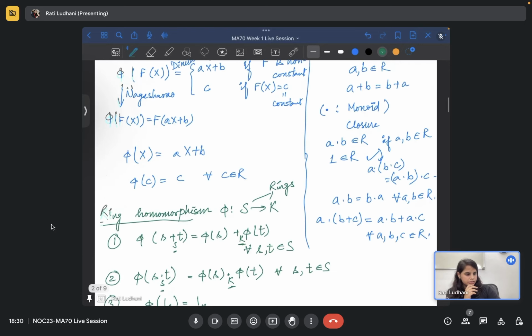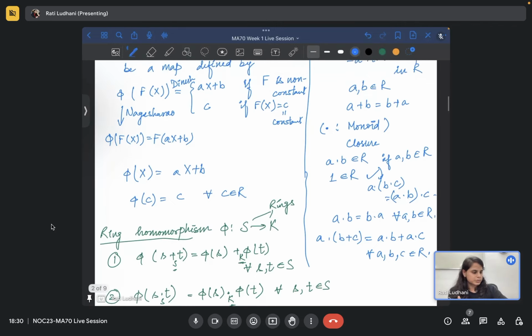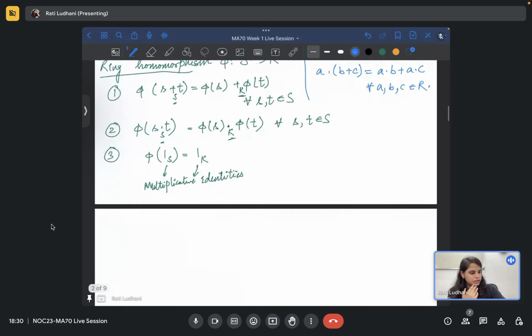So let's see what the definition says. If f is non-constant, it maps to ax plus b. So what we have to see is, let's say, phi of s plus t. Of course, the identity is verified because 1 goes to 1, since both the rings we are considering are R[x]. Also, is the definition of R[x] clear?